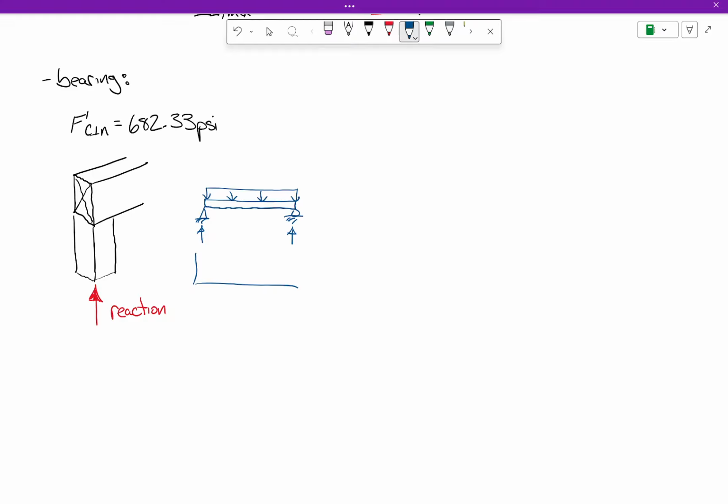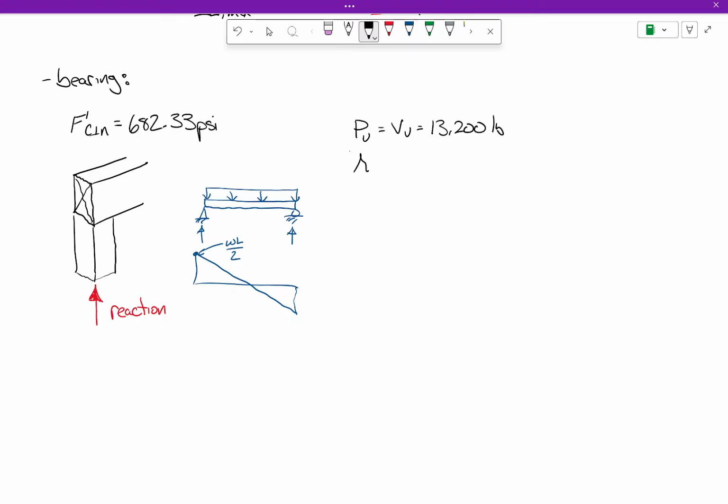The shear diagram looks like that. And this value, which is WL/2, that's just the reaction. So my load in this case is just my maximum shear, which is 13,200 pounds.